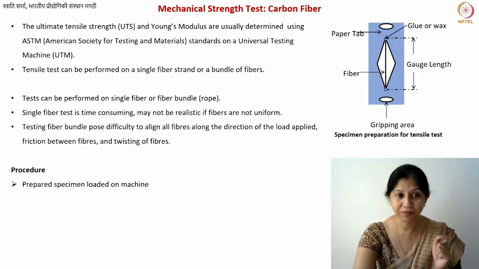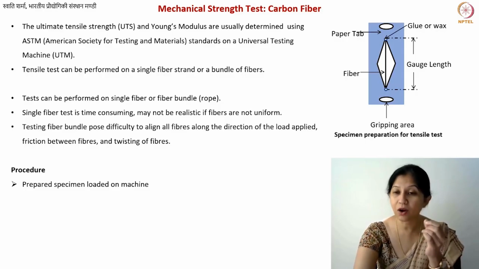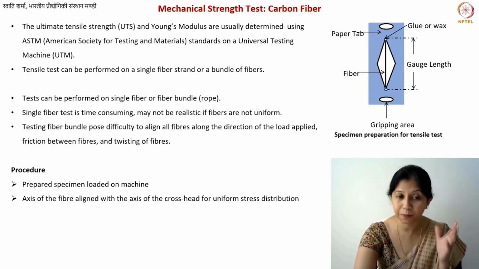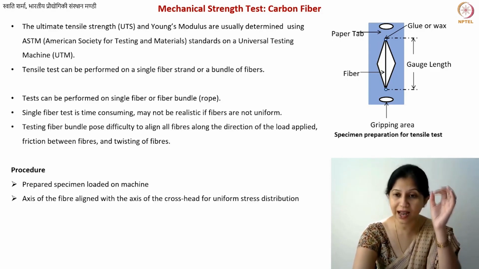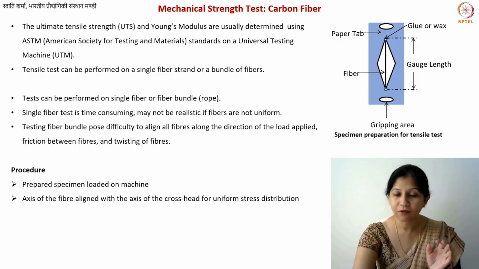Okay, so now we come to the procedure. How do we do that? As I already have shown you this chip, what you do is you prepare your fiber specimen and you load it onto the chip, and the chip is loaded onto the machine, your UTM. And now you need to align the axis of your fiber with the crosshead.